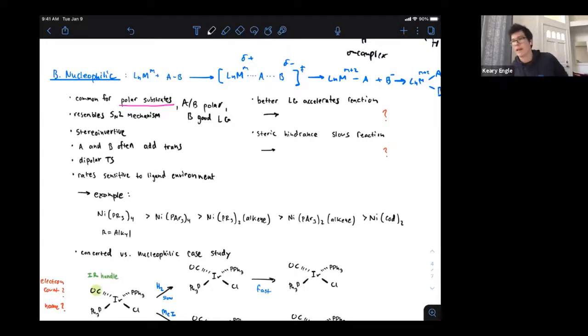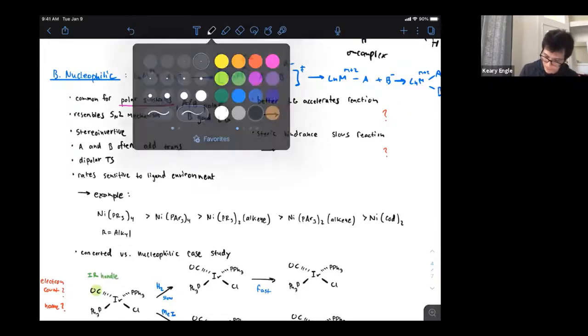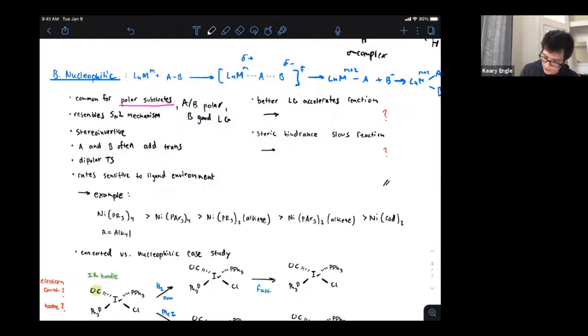And then nickel cod, where you have only alkene ligands, probably you'd lose one cod, and that would be the form that's reactive for oxidative addition. Let me draw out cod in case. So just cyclooctadiene. Then you have a lot of pi accepting character, and so that's going to be the least reactive.